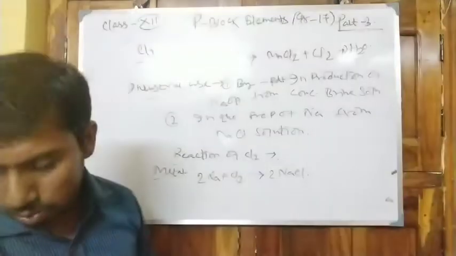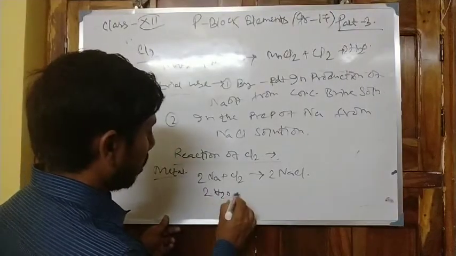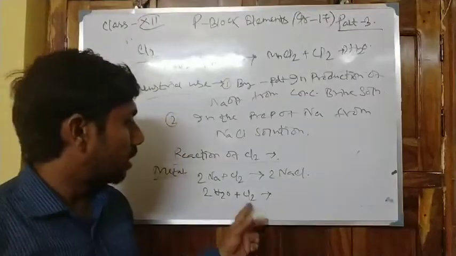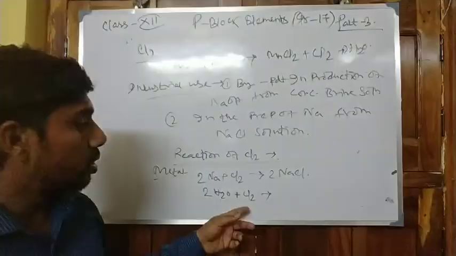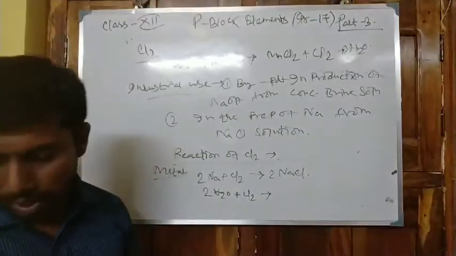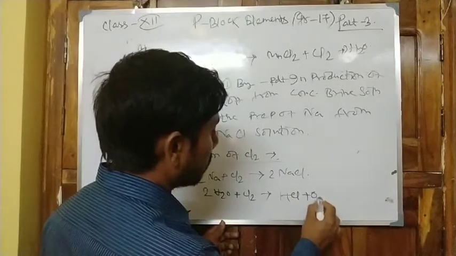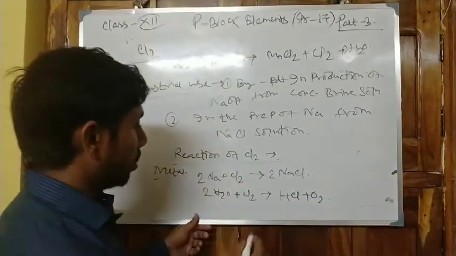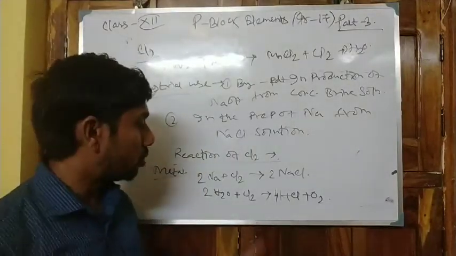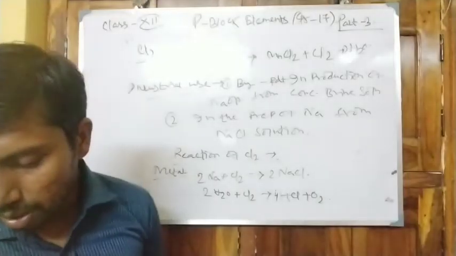Second one, when it reacts with water, H2O plus Cl2, as it is oxidizing in nature, it will oxidize the water. That means it will produce HCl and O2. The balanced equation is 2H2O plus 2Cl2 gives 4HCl plus O2. So as it is of oxidizing nature, it will oxidize the water.